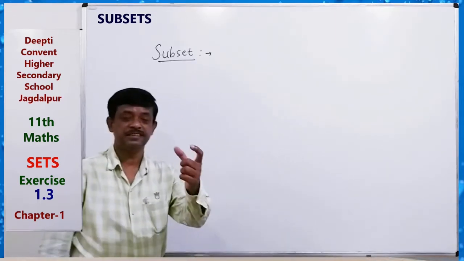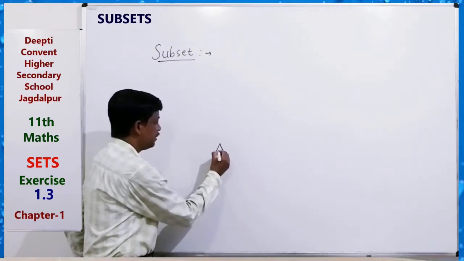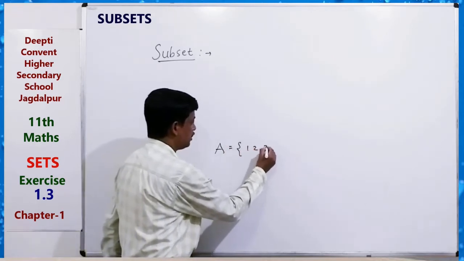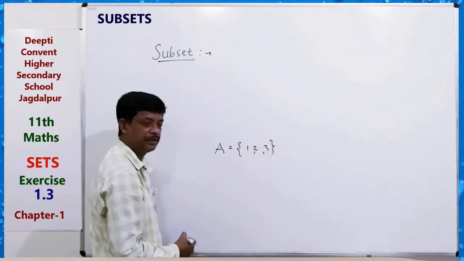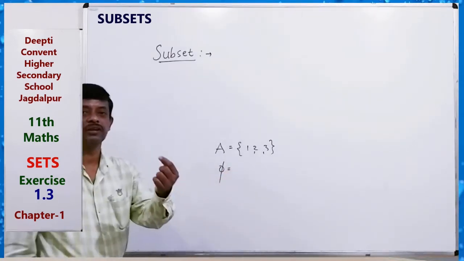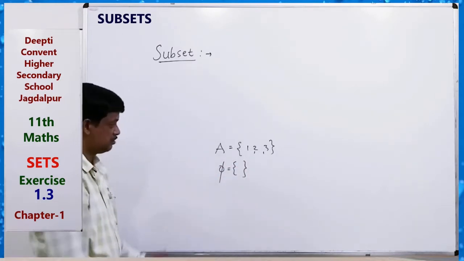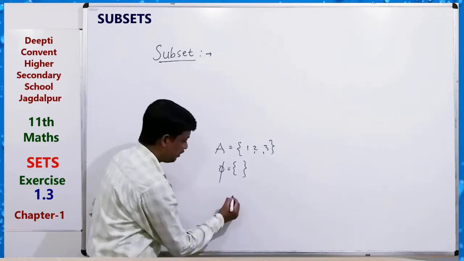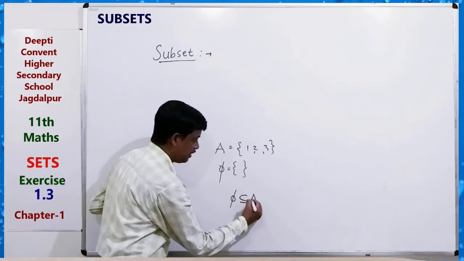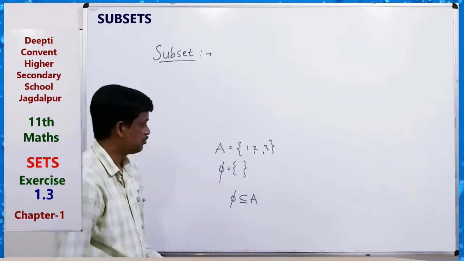Here trivial subsets means, suppose A is a set, 1, 2, 3. And we know that phi is a notation for empty set, that is having no element. So it is very clear that phi is subset of A, because phi has no element.